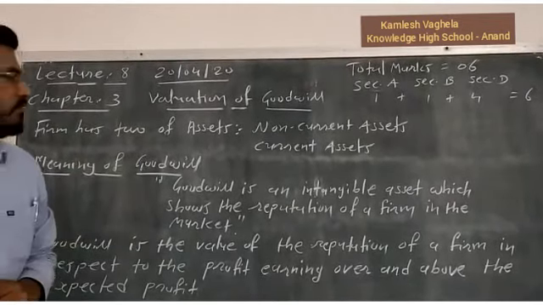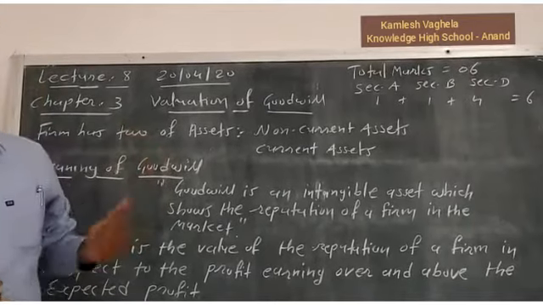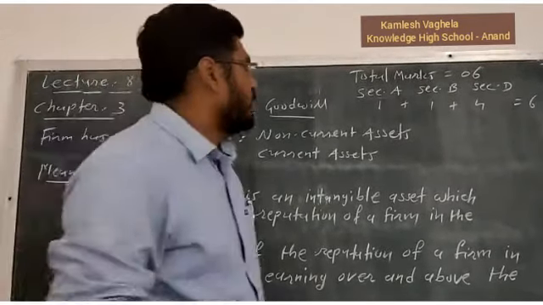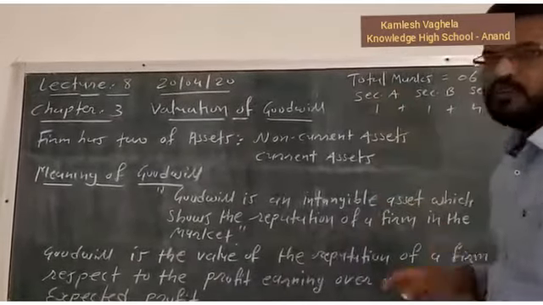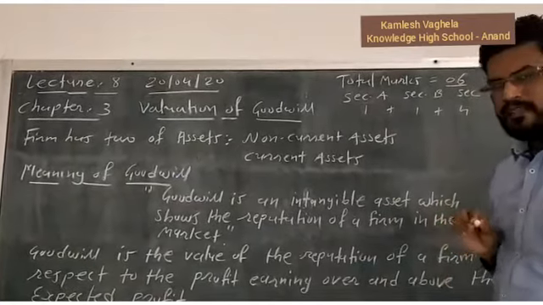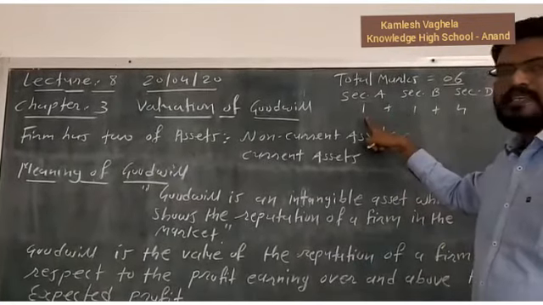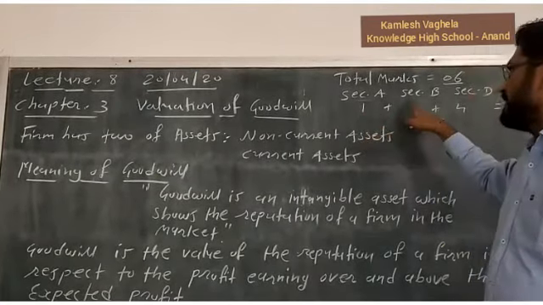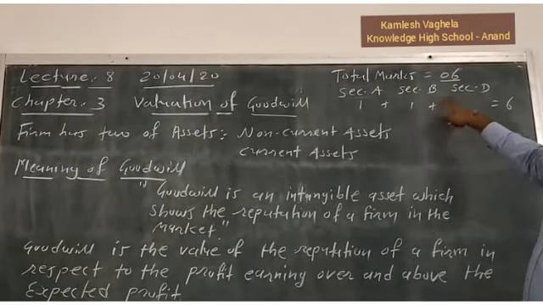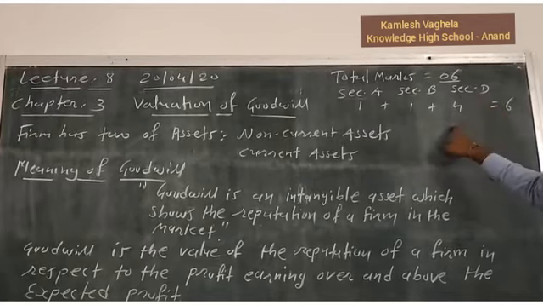Before this, we'll see how many marks of questions will come from this chapter in the exam. The total weightage from this chapter is 6. Out of this 6, 1 mark is in section A, 1 mark in section B, that is a very short answer question, and in section D it is 4 marks.